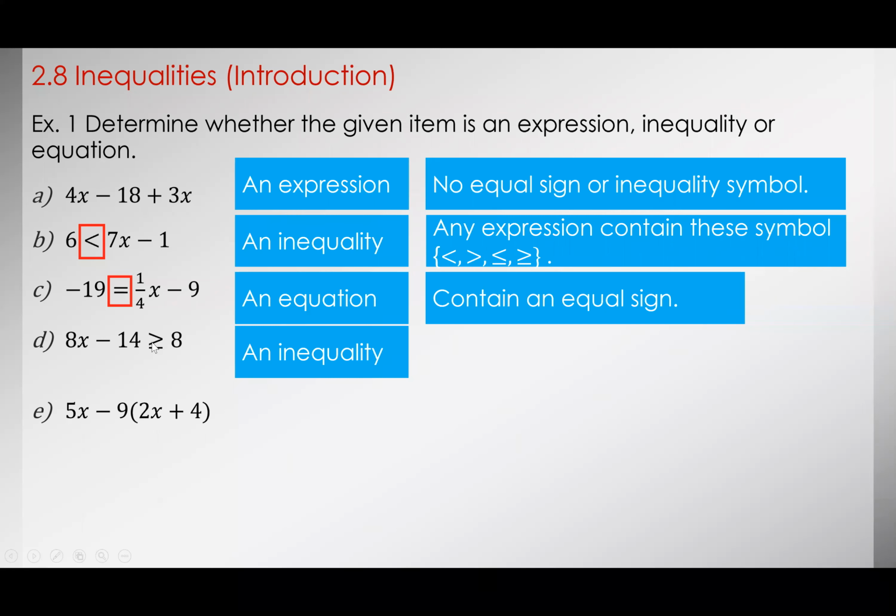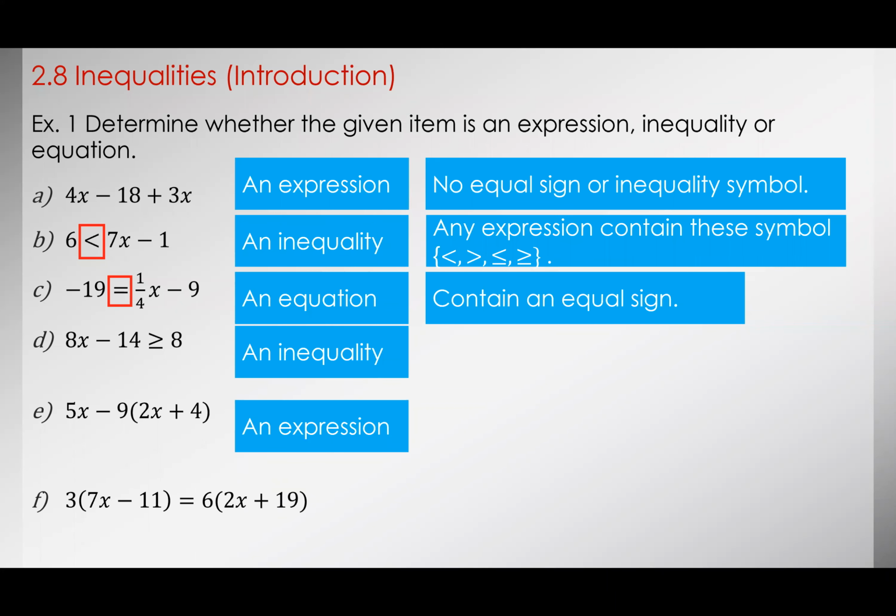So if they're missing those 2 items, we say that this is an expression. And hopefully you see that F is an equation, right? Those are the differences between the 3: the expression doesn't have any equal sign or anything, an inequality must have an inequality symbol, and the equal sign is your equation. And that is all that they ask you, your responsibility for 2.8.